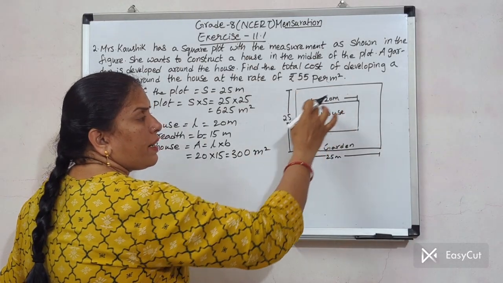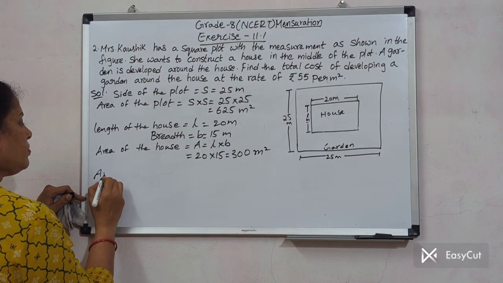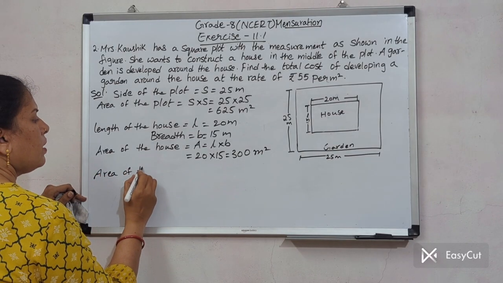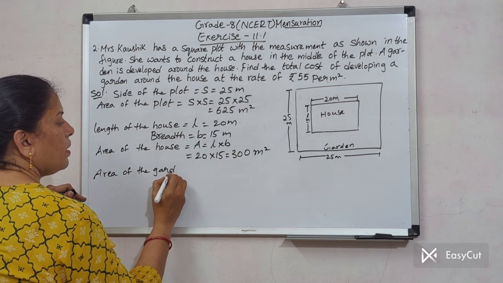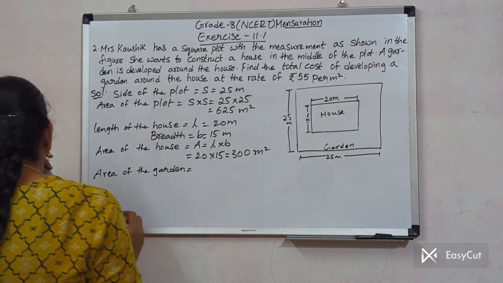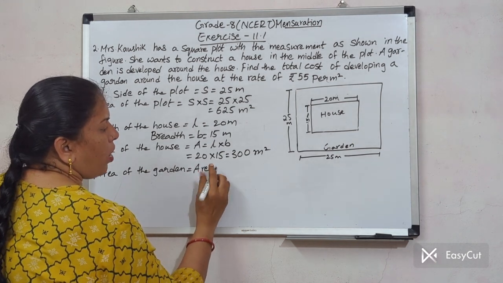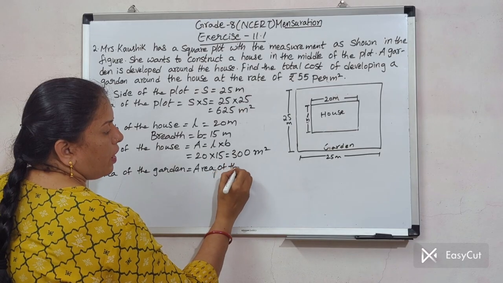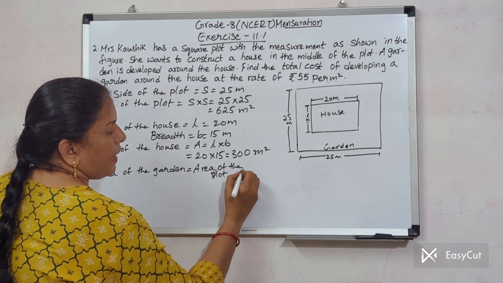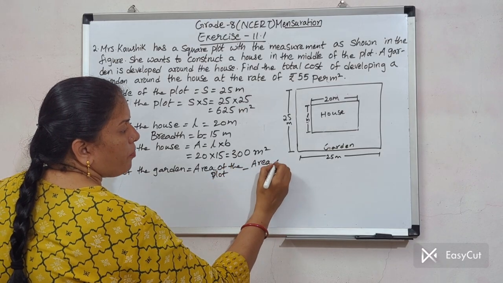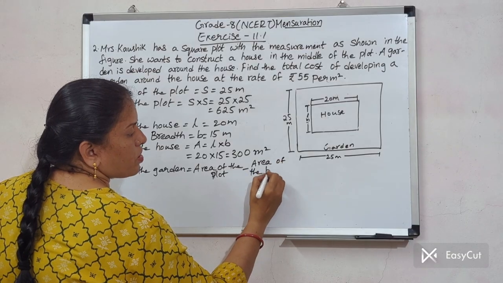Now for the area of the garden you must subtract. Area of the garden is equal to area of the plot minus area of the house.